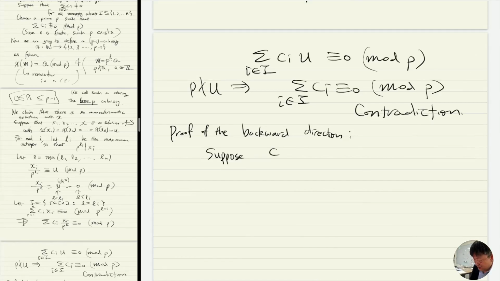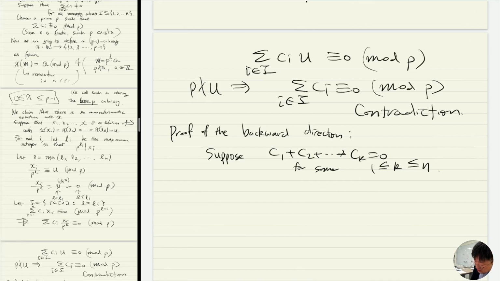So what we want is, suppose that C1, C2 up to CK sum to 0 for some K. By permuting names, we can assume that the partial sum from 1 up to k is 0.